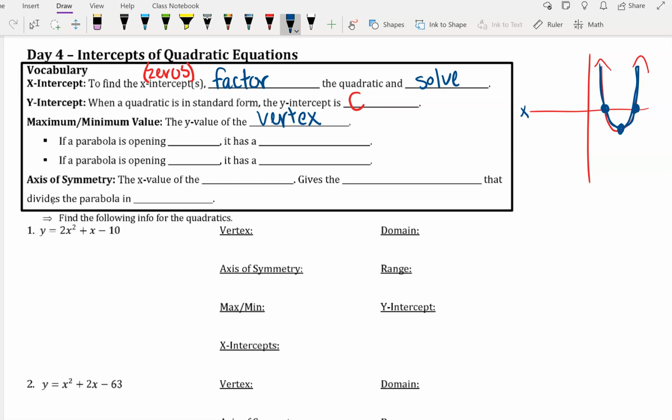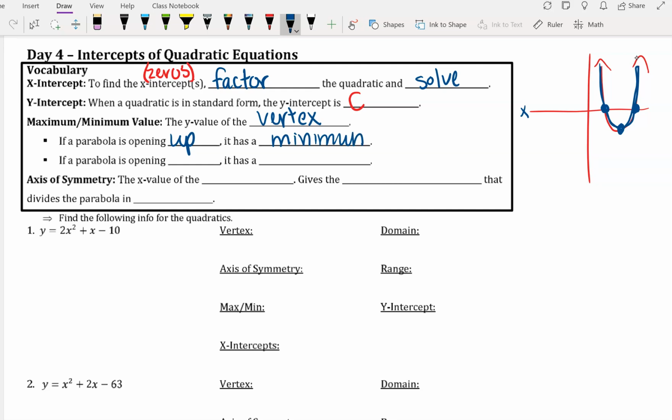Minimum value means where is the graph at its lowest? Well, it's at its lowest at the vertex here. These arrows mean it goes forever up, which means there is no maximum value. So if your parabola is opening up, like this one is, it has a minimum. We just call that min, usually.